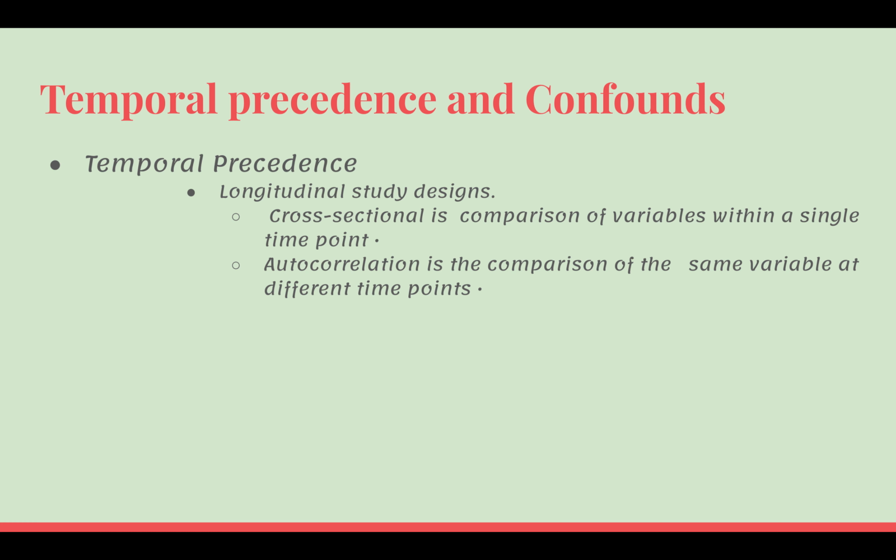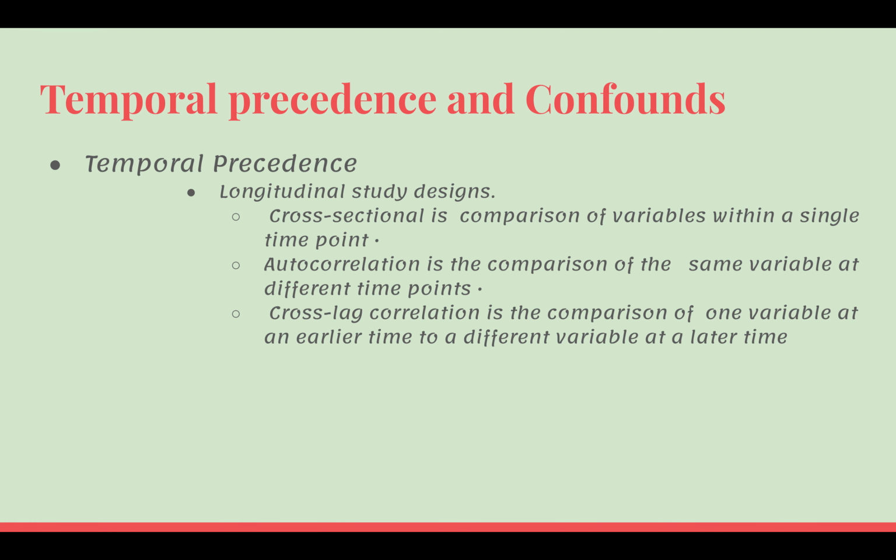Autocorrelation is a comparison of the same variable at different time points. Cross-lag correlation is the comparison of one variable at an earlier time to a different variable at a later time. If one cross-lag correlation is stronger than the other, then it alludes to one variable happening before the other.